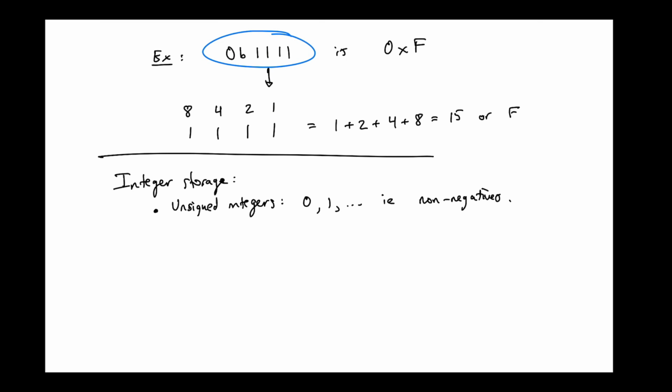In practice, there are situations where you want to use these. A good example would be the play counter on YouTube. They actually do use signed integers for that, which we'll talk about why later. You could say, why would I ever need a negative number of plays?